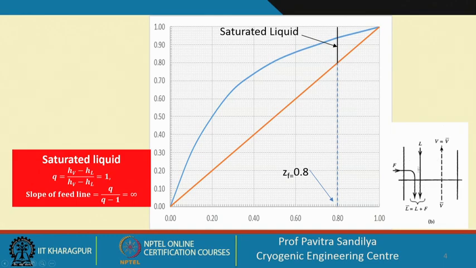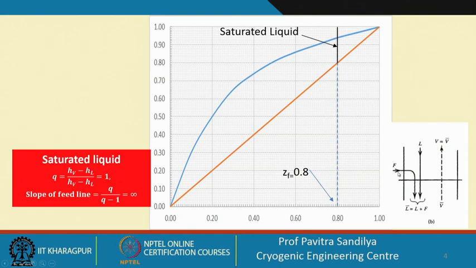And here in this particular figure we have shown how the feed introduction will look like, that we are putting the feed here, it is only liquid, and this liquid is coming from the rectification section and the vapor is going from the stripping to the rectification section.